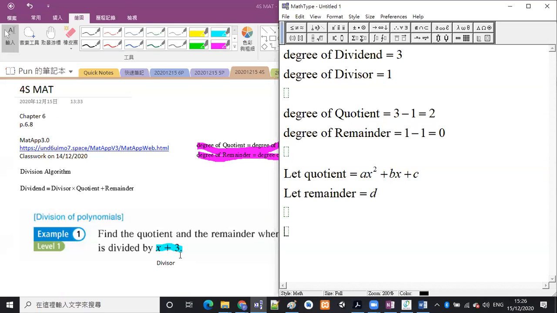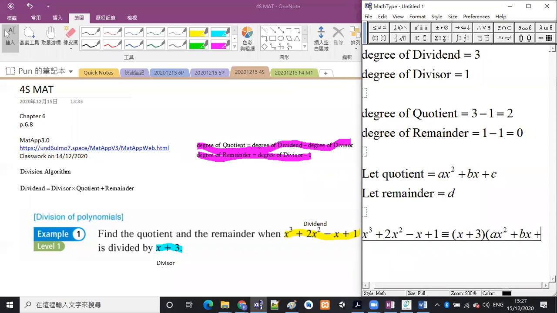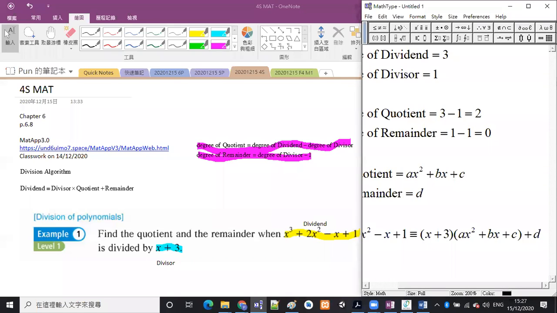You get this? And then if we have let the quotient and remainder, and combining with the given dividend and divisor, then we can form the equation using the division algorithm. So that should be x cubed plus 2x squared minus x plus 1 is identical to x plus 3 times ax squared plus bx plus c, and then plus the remainder.